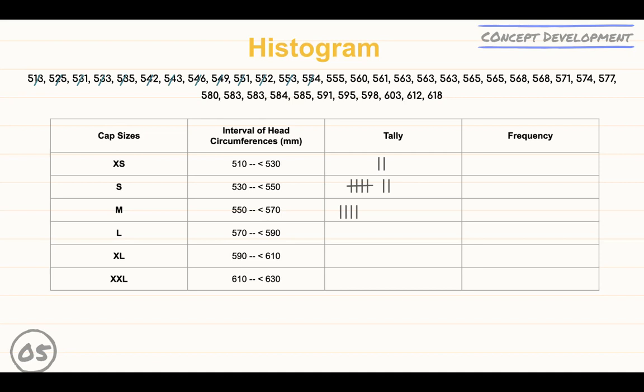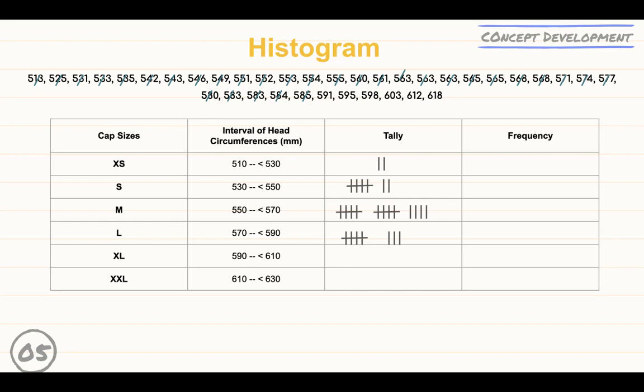553, 554, 555, 560, 561, 563, 563, 563, 565, 565, 565, 568, 568, and now we move on to large, 571, 574, 577, 580, 583, 583, 584, 585.